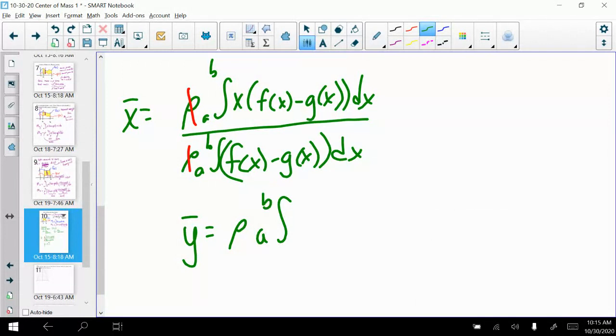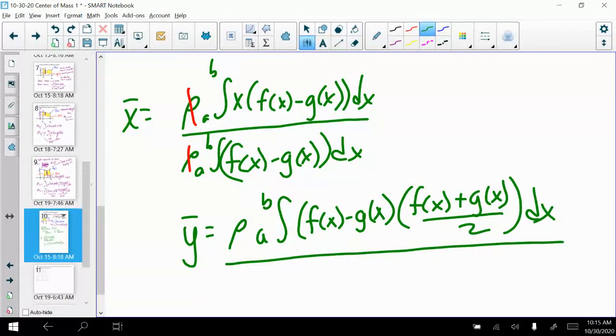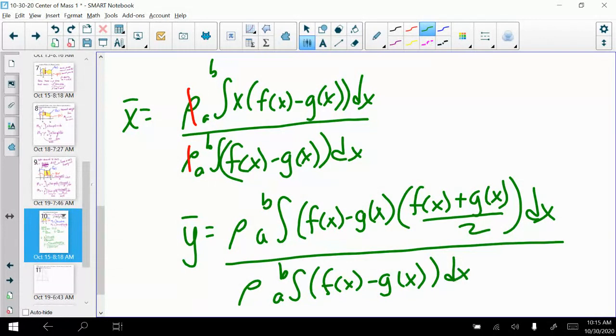So our moment for that was area, f of x minus g of x, times distance, f of x plus g of x over 2 dx, over our total mass, which is rho times area. And of course, the rhos can cancel, but don't go canceling anything else.